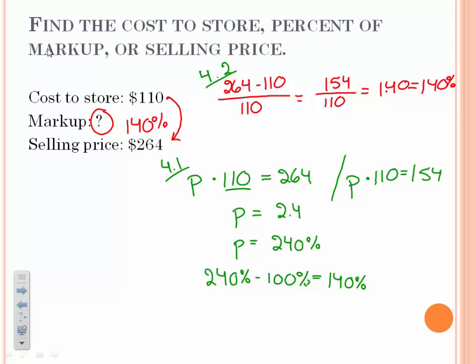So what we did is we subtracted our selling price minus our original cost to get 154, so that we just find the percentage for our increase, which was 154, which is what we ended up doing over here as well. Okay, so these are two different methods you can use. If you didn't understand these, go back and watch this again, because now you have to do it on your own.